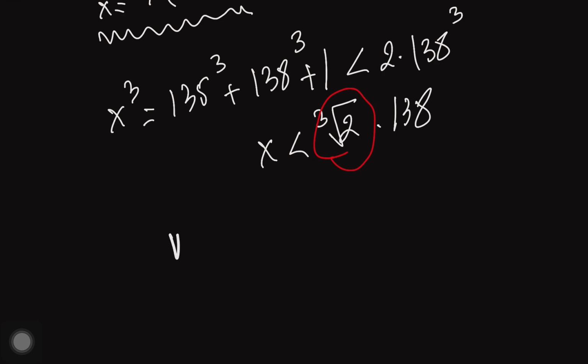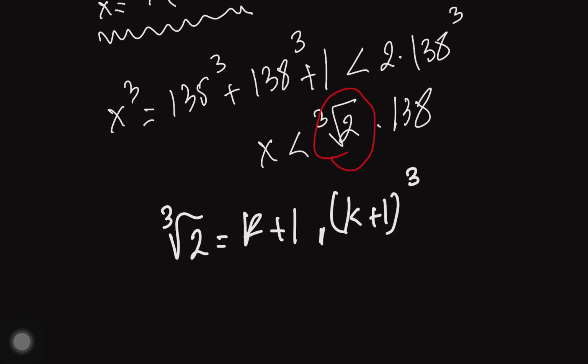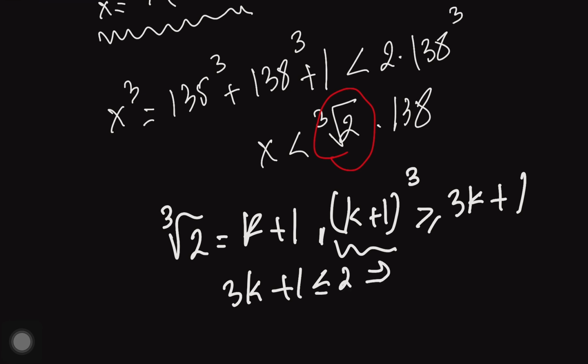So if we let the cubic root of 2 be equal to some k plus 1, then k plus 1 all to the power 3 would be bigger than 3k plus 1. So 3k plus 1 would be less than or equal to 2, implying that k would be less than or equal to 1 over 3.